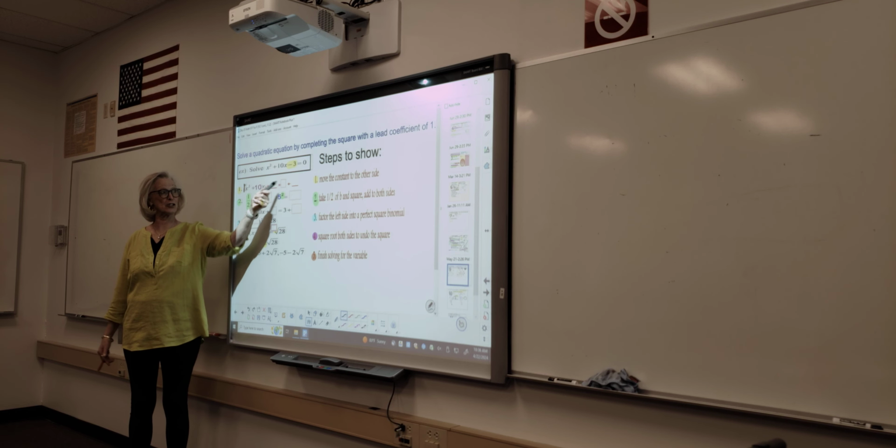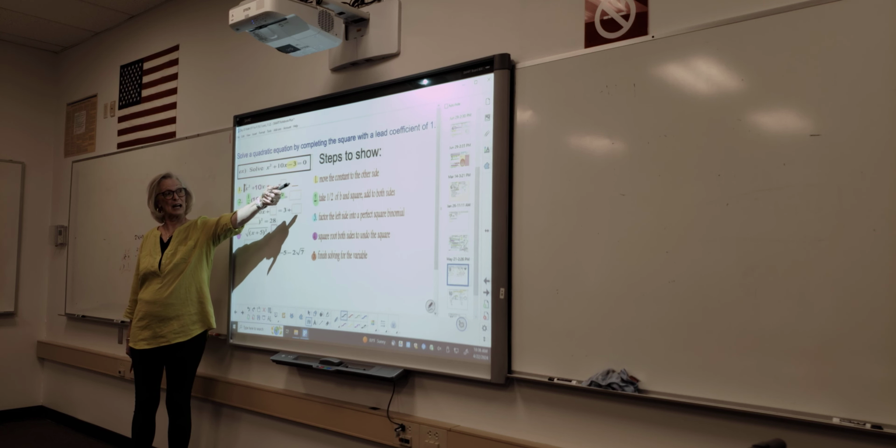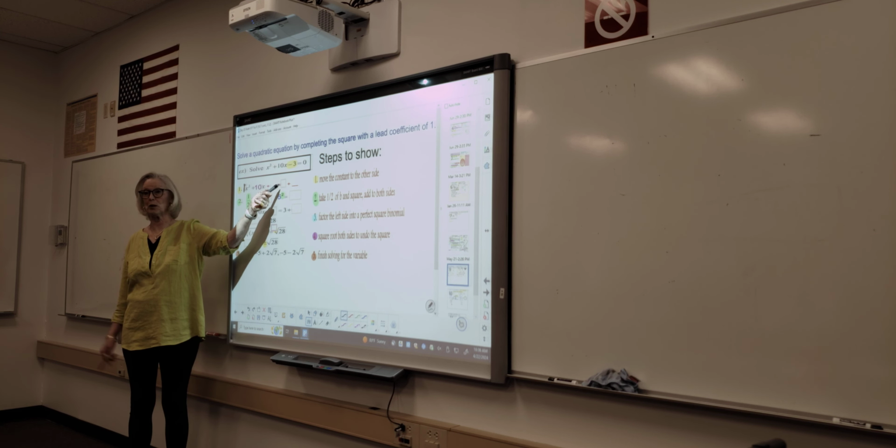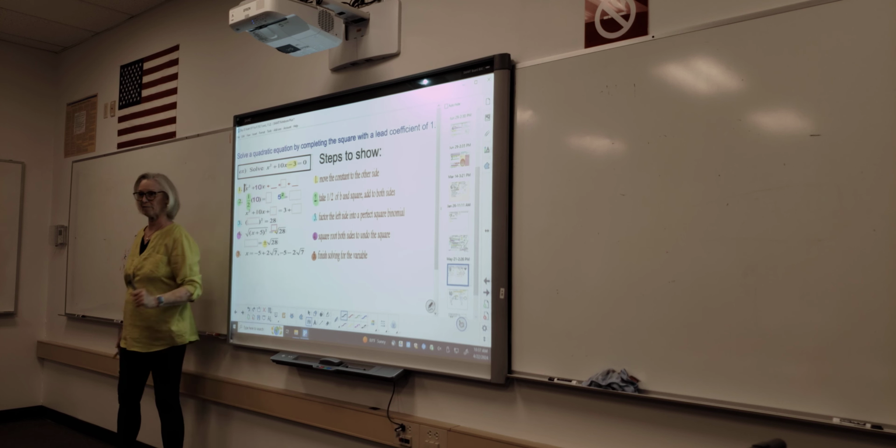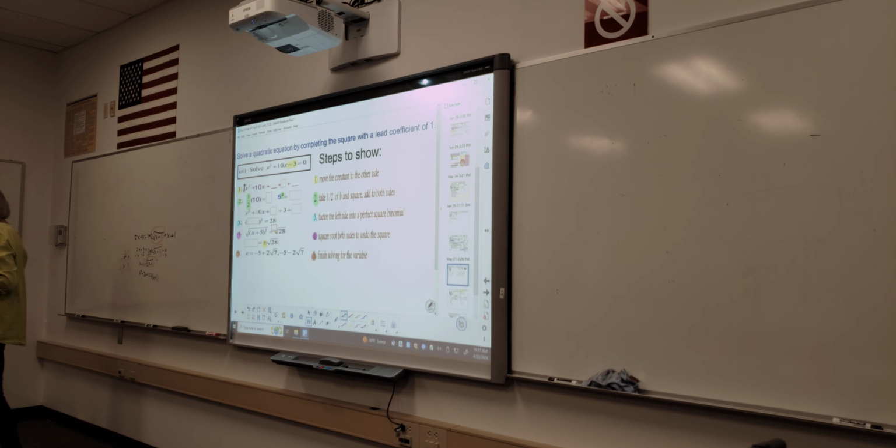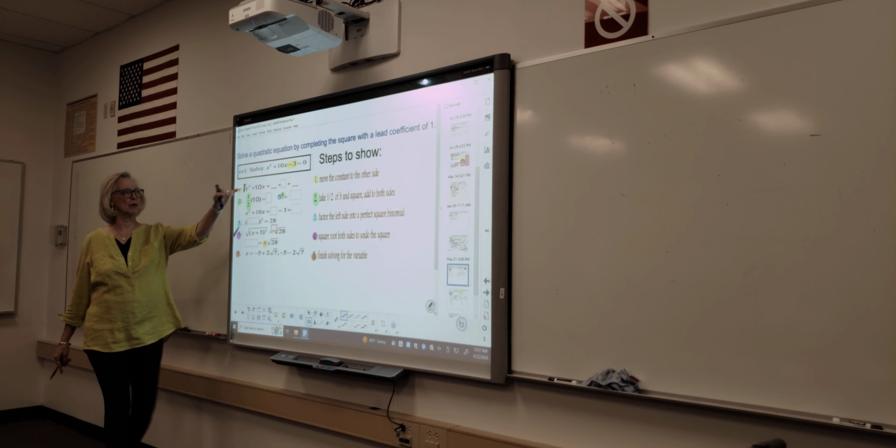So I put the dashes on both sides, and what did I do? I moved the constant to the other side. So with your group, tell me what's underneath that first box. What should I write right here?